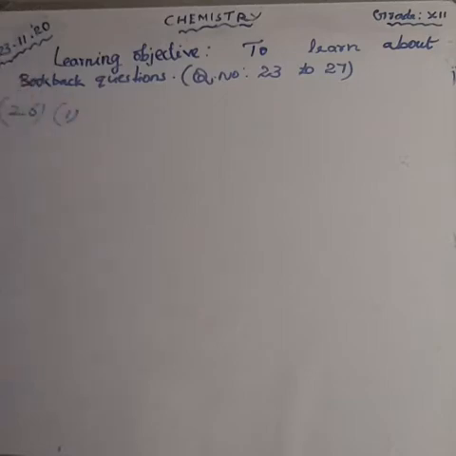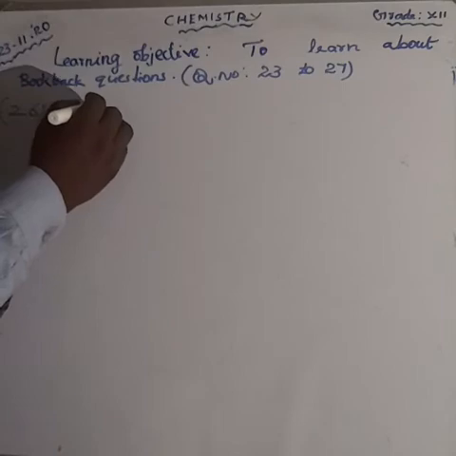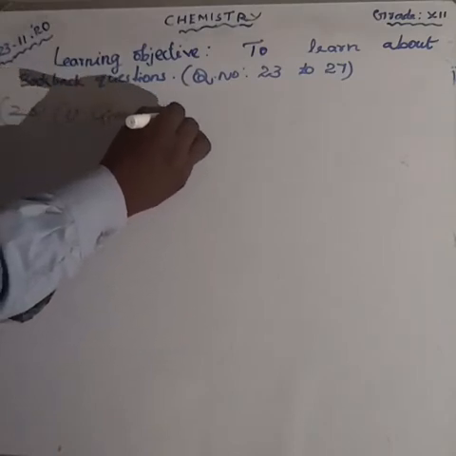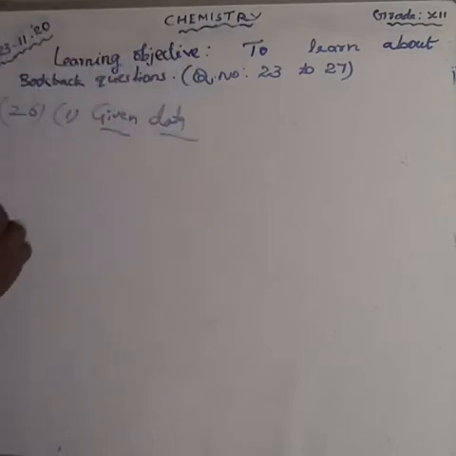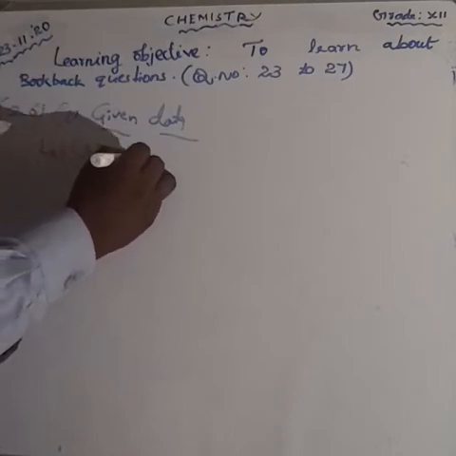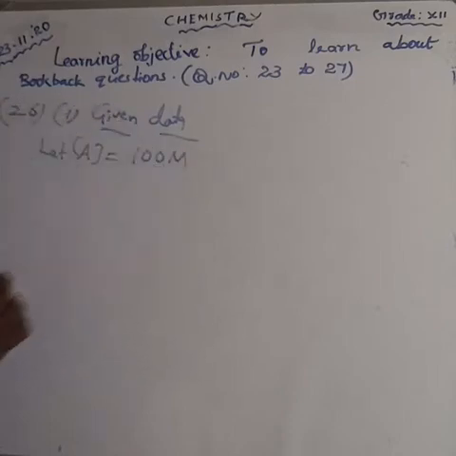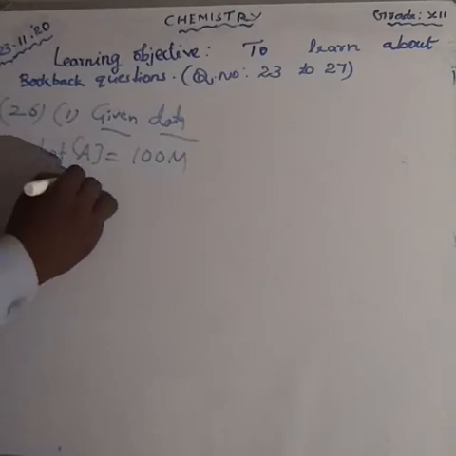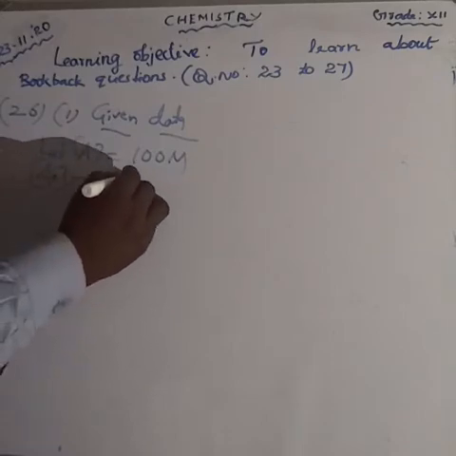First, write the given data. Let A naught be 100 and A naught minus A is equal to 20.